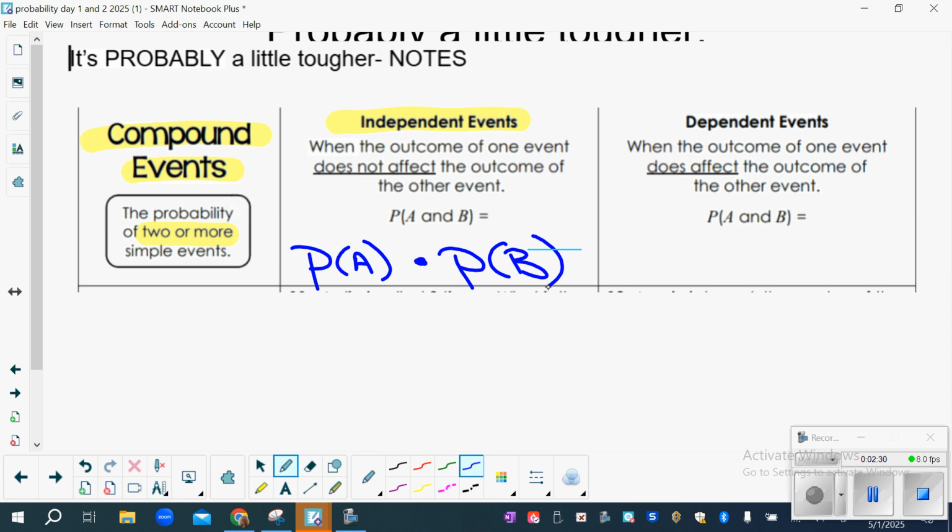Now, sometimes things impact each other. So let me give you an example of that. I have decided to randomly draw a name, 2 names out of a hat in this class. And I have decided I'm going to give each of those students $1,000. Yay. Put your name in the hat, shake it all up, reach in, I pull out Andre.